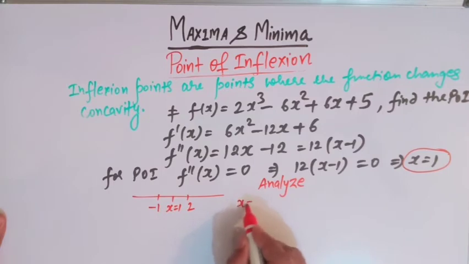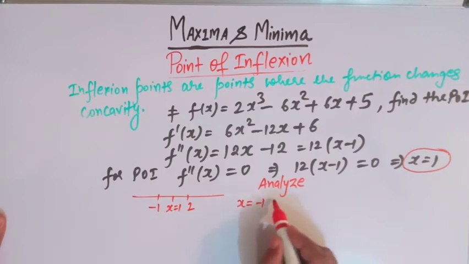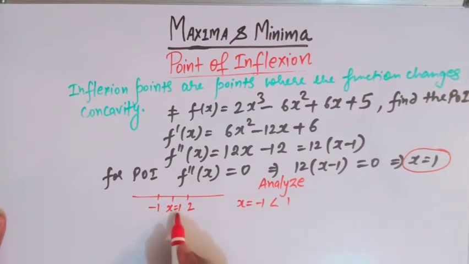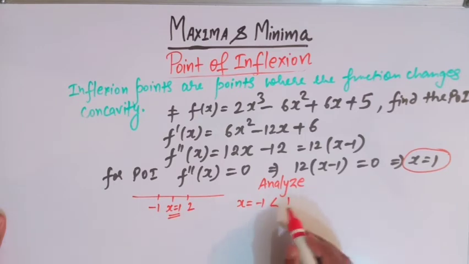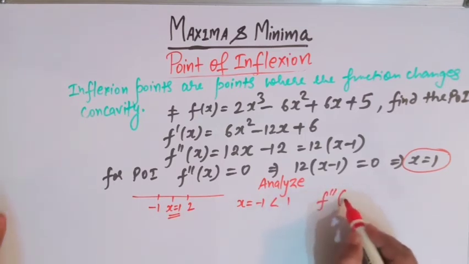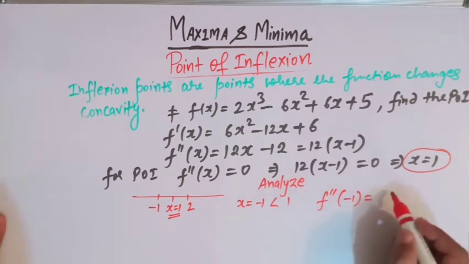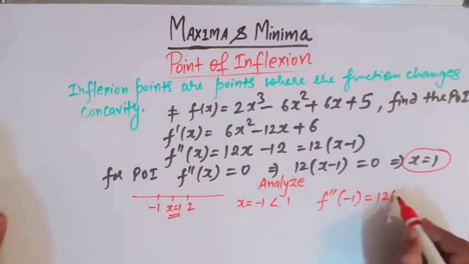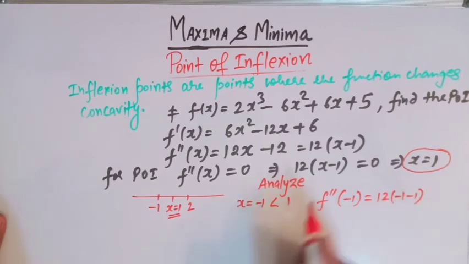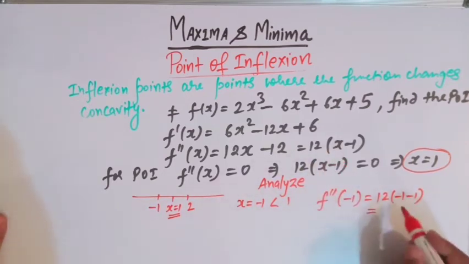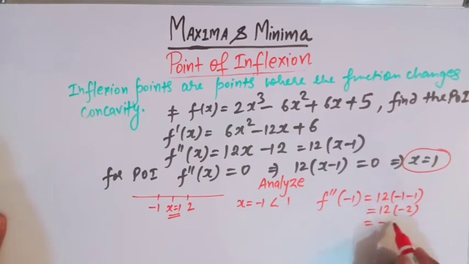So at x equal to minus 1, which is actually less than 1, the second derivative at this point is 12 times minus 1 minus 1. Here we substitute the value of x as minus 1. So we have 12 times minus 2, this is minus 24.